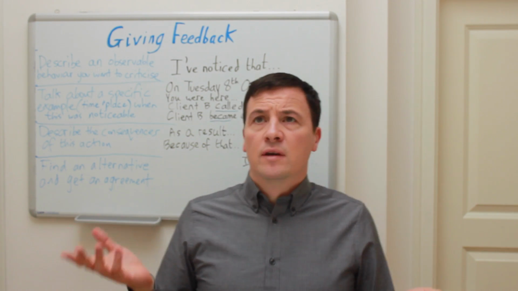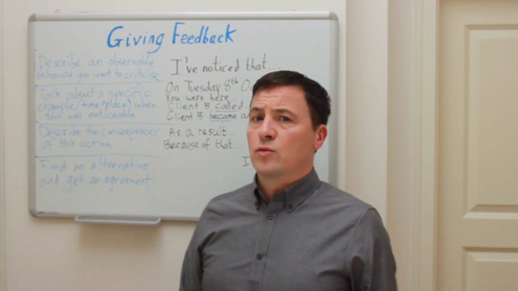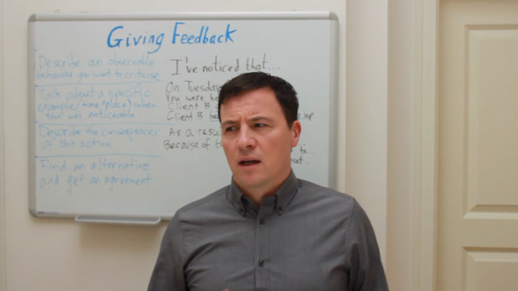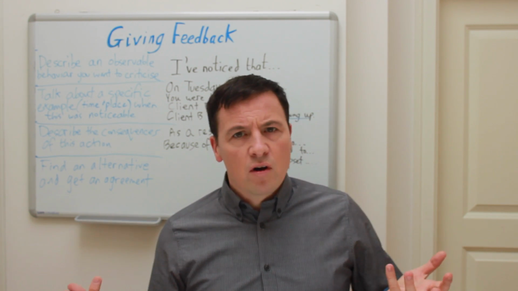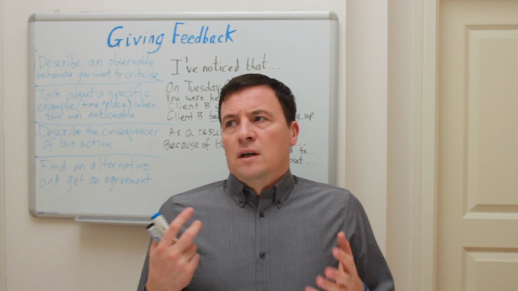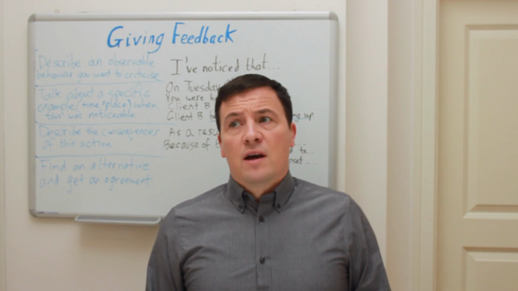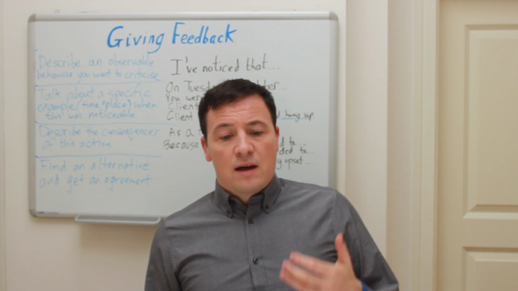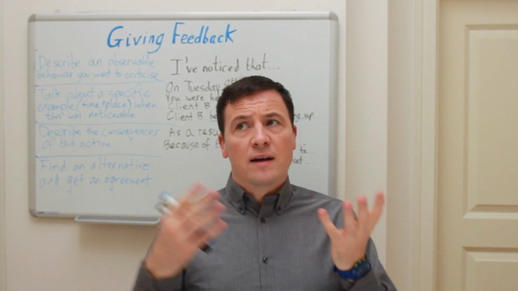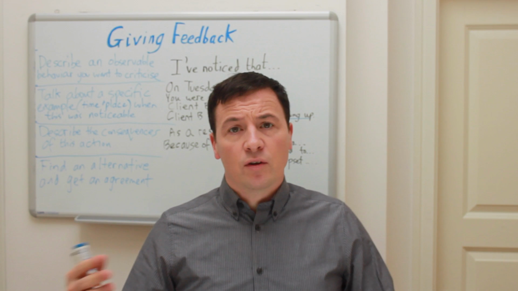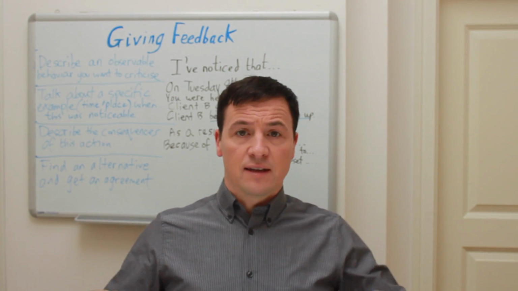And perhaps your team member might say, well, it's true, in this situation I became angry and I became emotional, and perhaps I lost control of the conversation. And they might say something like, the next time maybe I could ask the client to wait a minute or two so I can calm down, or I could pass the call on to a colleague who is in a more relaxed state.